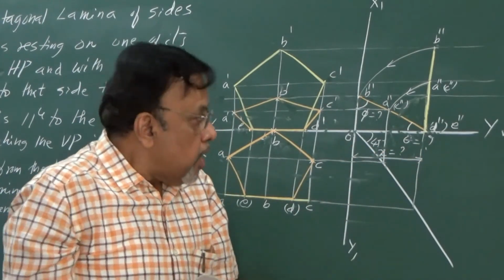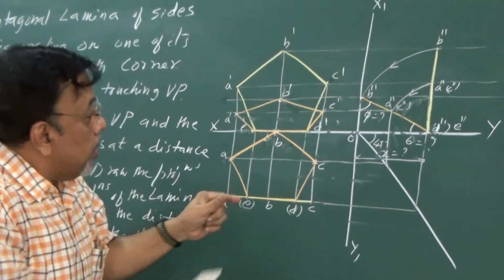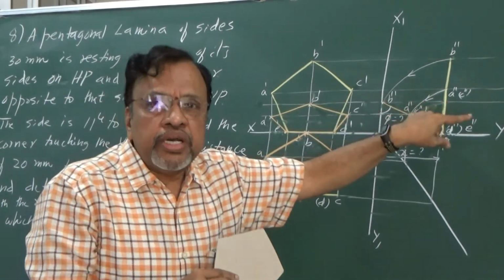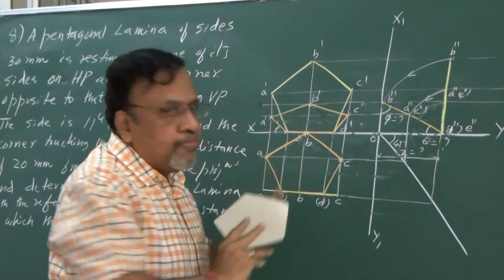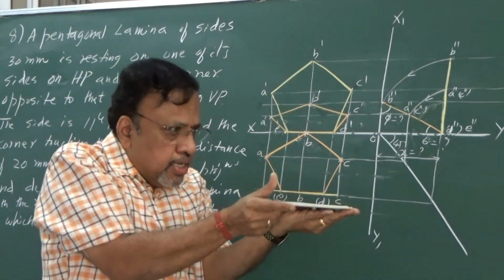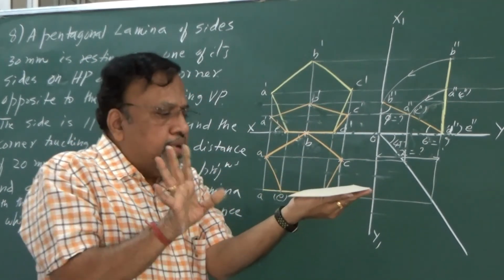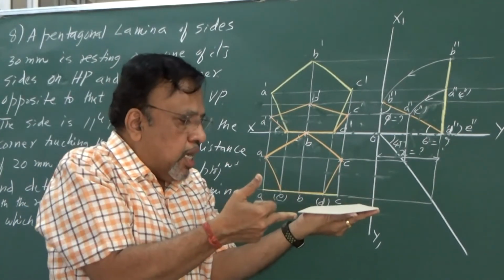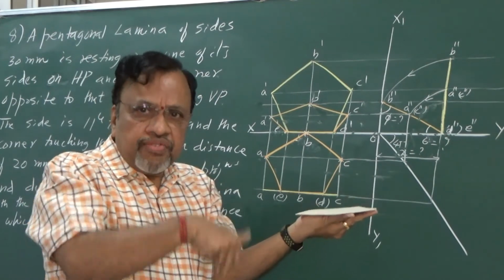So as you can see, I would have done this problem in a much simpler way if I had done it by the side view method. If you feel, no sir, we got confused, don't worry. You start like this. That means say that anyway I wanted one of the sides to be parallel to HP now. So initially that particular side will be perpendicular to VP. That means you have to start from the top view.